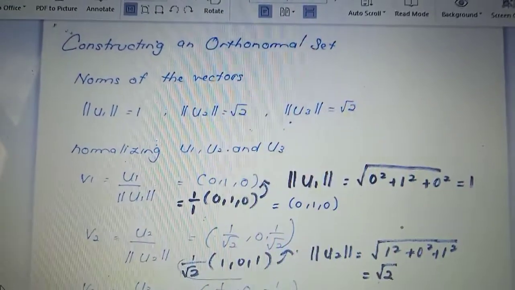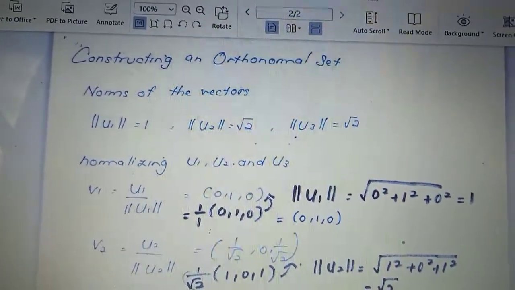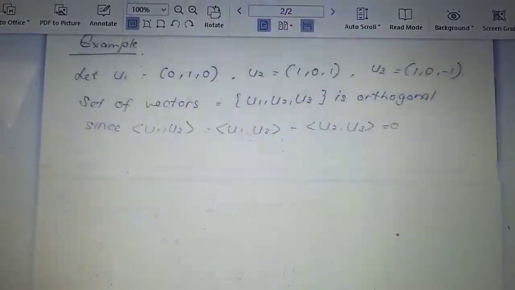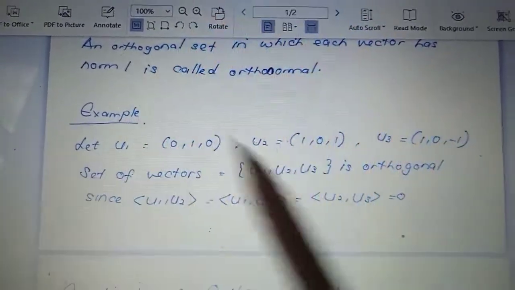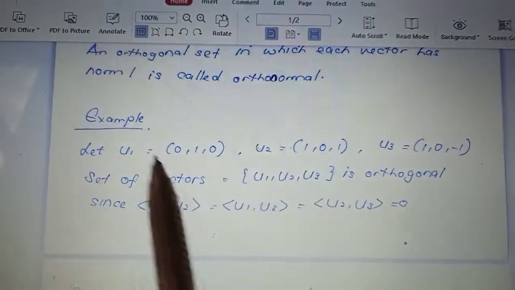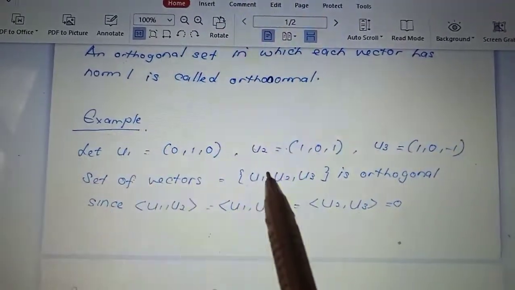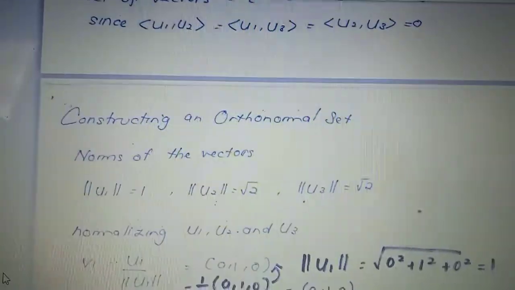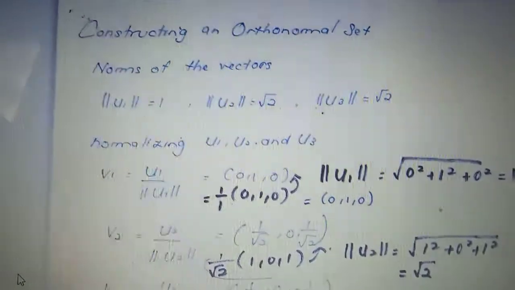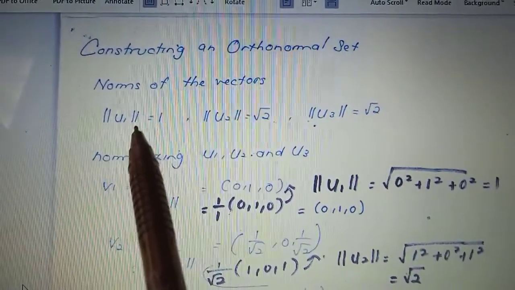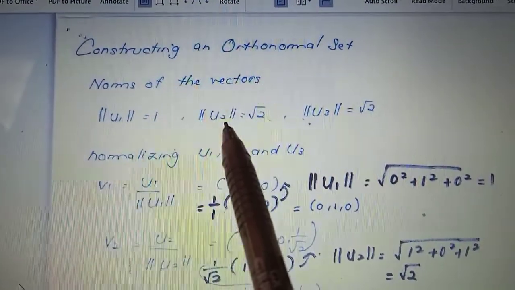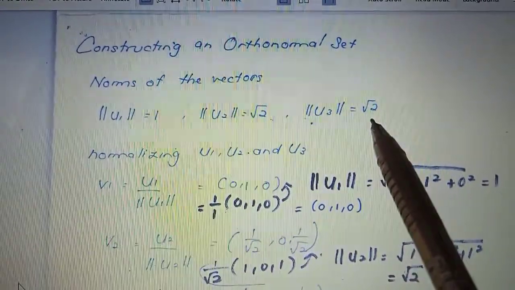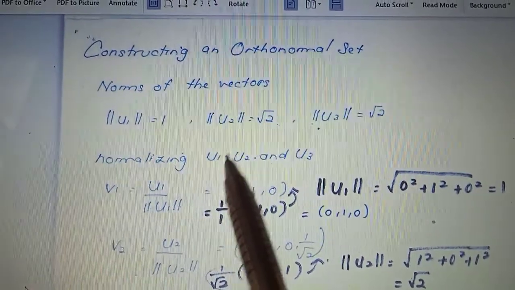From the earlier slide, u1, u2 and u3, now we get the norm of u1, norm of u2 and norm of u3. Remember the formula of the norm. Once we get the norm of u1 is 1, norm of u2 is 2, and norm of u3 is 2, then we need to normalize u1, u2 and u3.